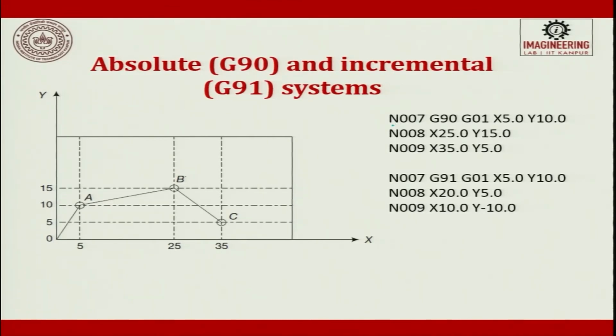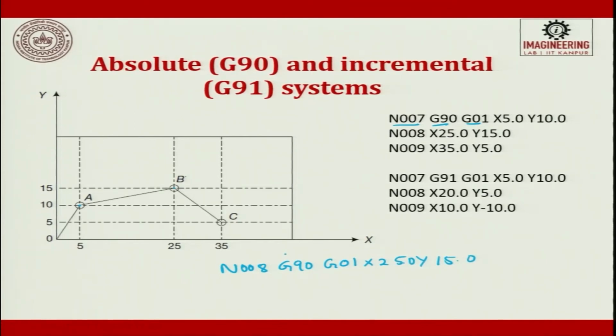N07 is the 7th line of that particular program. You have called G90, which is absolute, and then you said G01 move to this point A, which is X5 and Y10. So, the next point, if I am going to move here, it is going to be the next block. To play safe, it will be N008 G90, then you will say G01 X25 Y15.